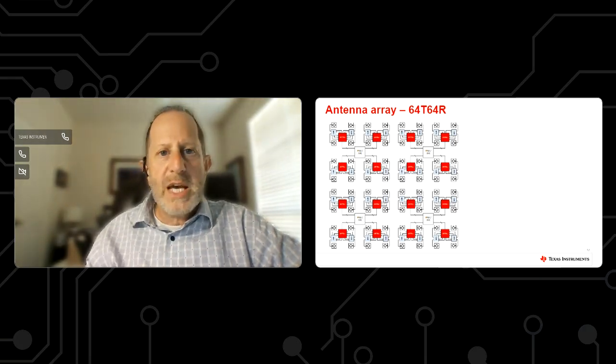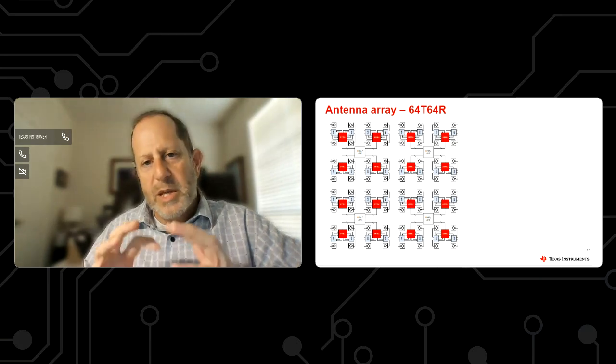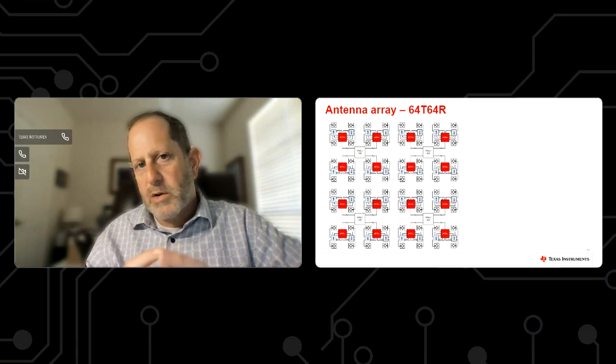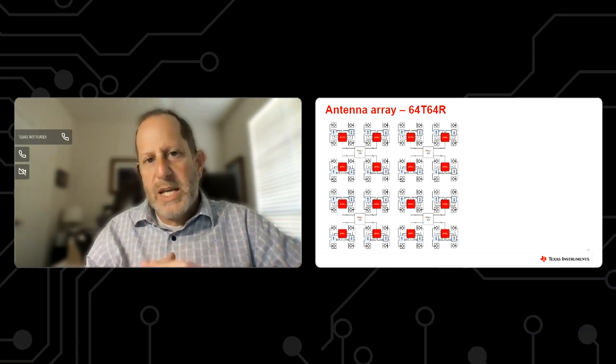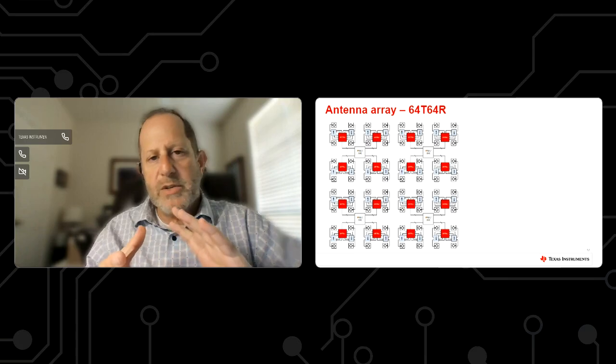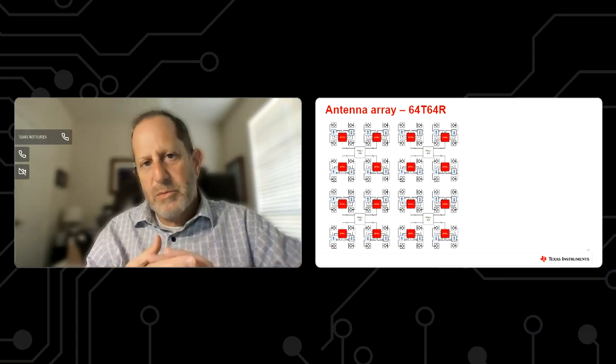So we're looking at that in a couple of different fronts. We're looking at that certainly in process technologies that can get more and more integration. We're going to 28 nanometers down to 16 nanometers and even beyond in order to try to reduce the digital physical size. We can cram more digital stuff in the same space.